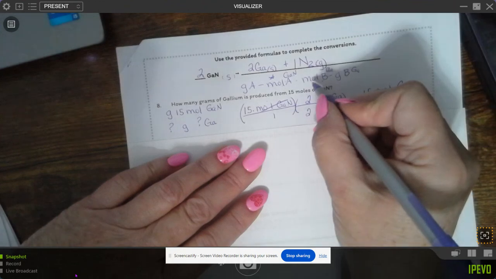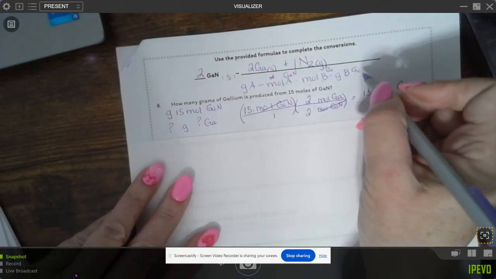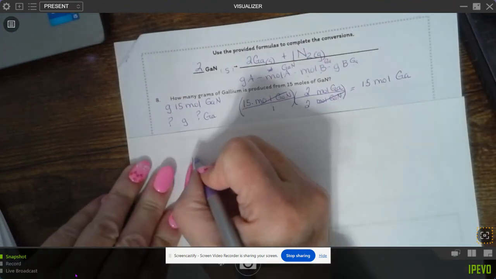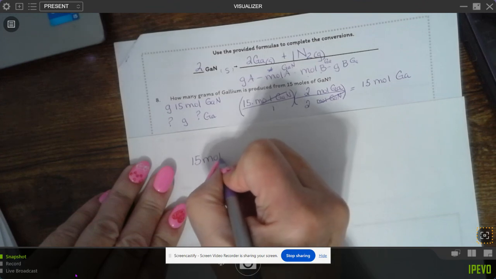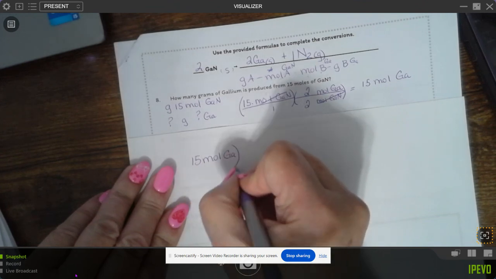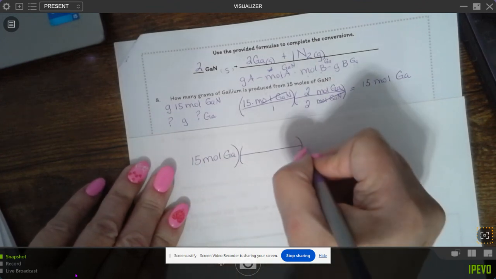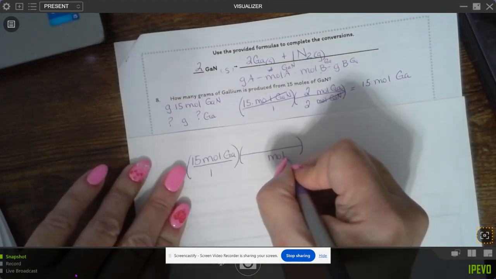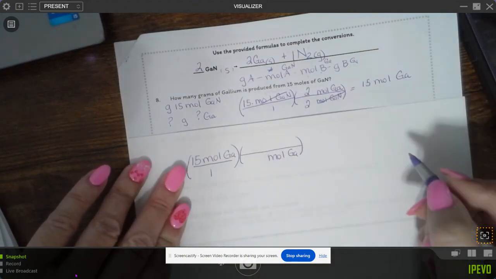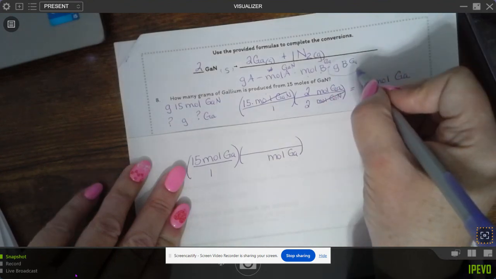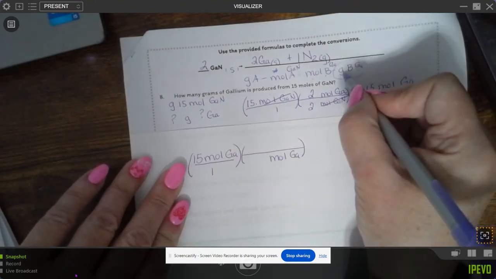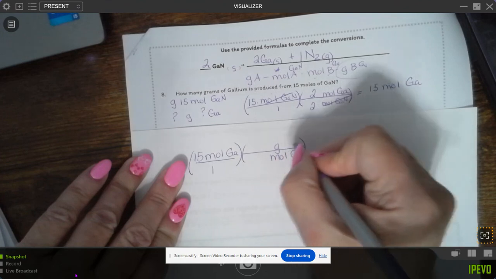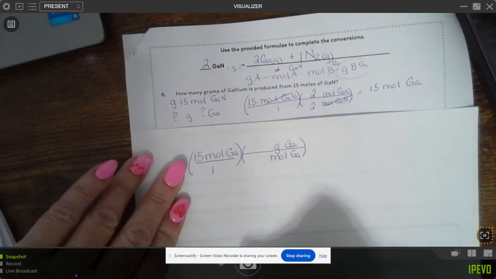Step 2 is going to go from moles of B to grams of B. So we're going to start with 15 moles of gallium. We want moles of gallium on the bottom, so it cancels out. And we're going to find grams of gallium.